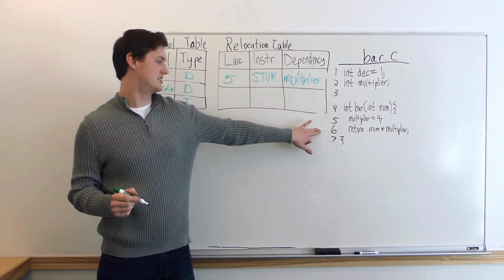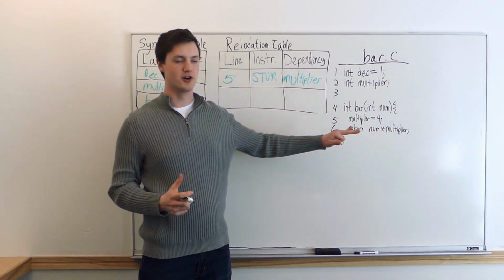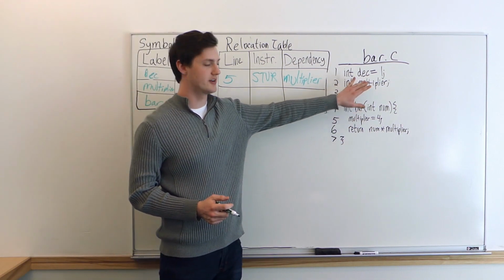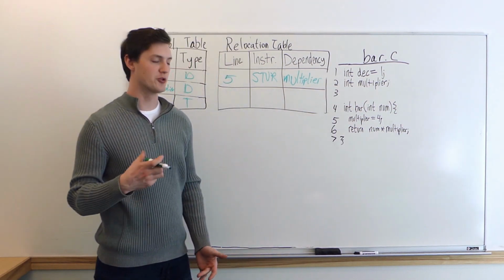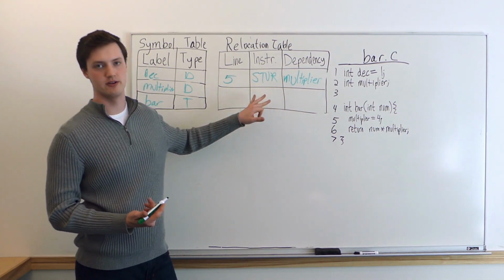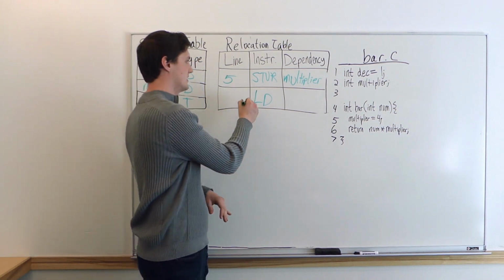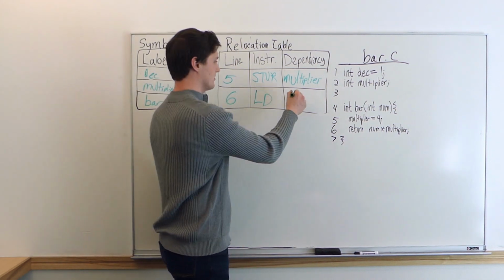And then lastly, on line 6, we return num times multiplier. Num is simply a local, this parameter here. But multiplier is this global symbol, and now we're using this value. We just stored it, and now we're going to load it. So that's on line 6, again just using multiplier.